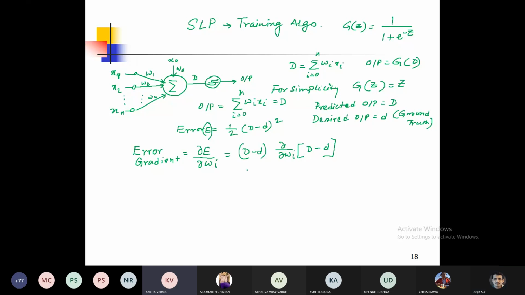Now to see that this d, small d, is basically a constant because it's a prescribed output, ground truth. So we can say that this part is equivalent to d of dwi of d.